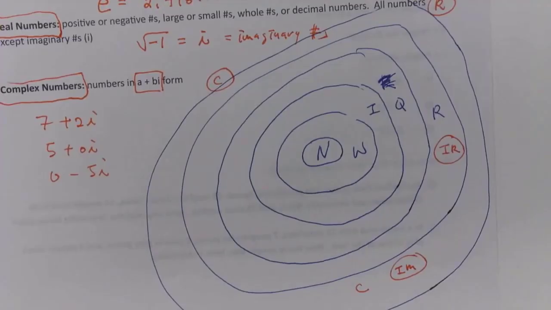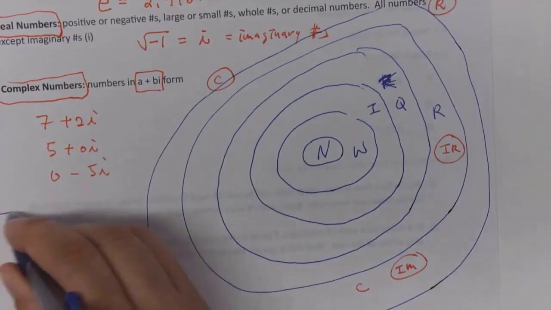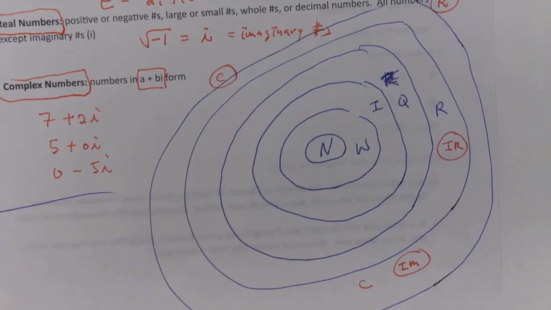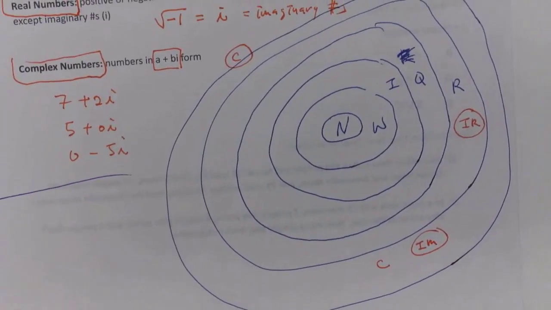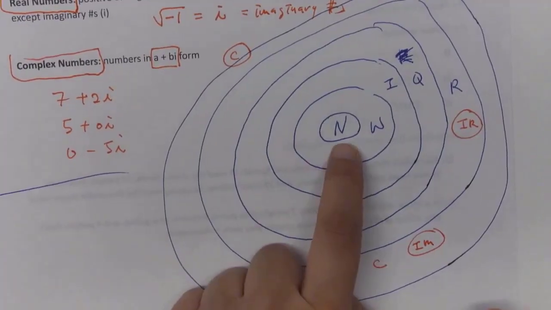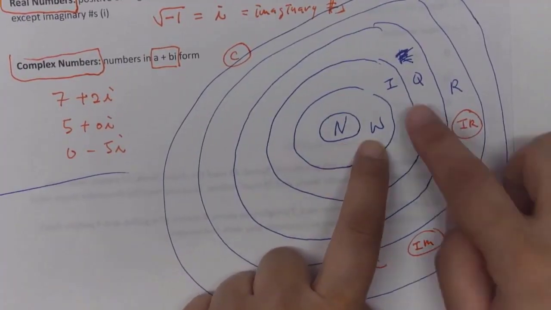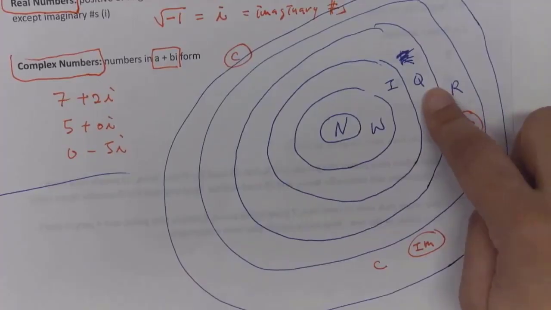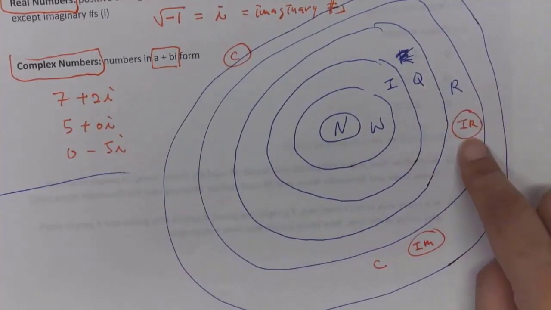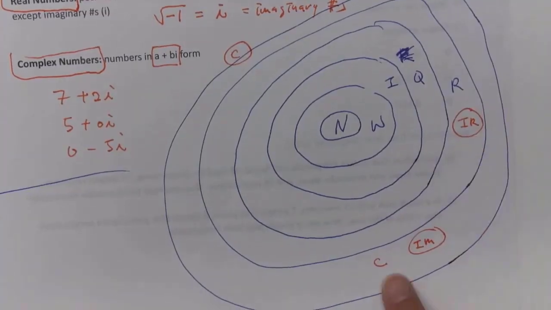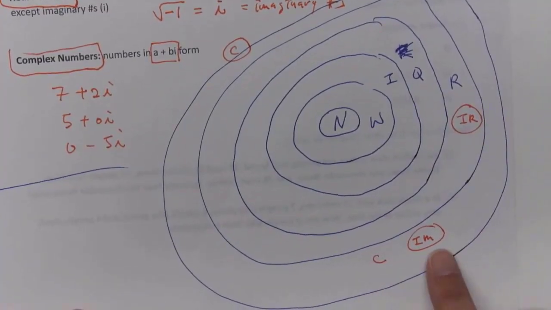So on the test, the question may look something like they want you to match which one describes the exact term. The smallest one is the natural numbers and whole numbers and then integers, and then we have the rational and real numbers. Irrational is just in a little category, then complex numbers and imaginary numbers.